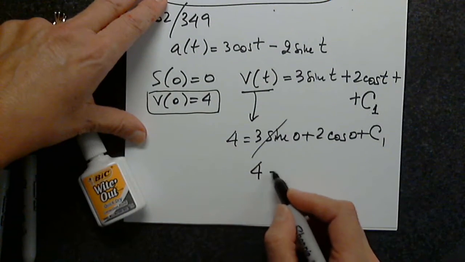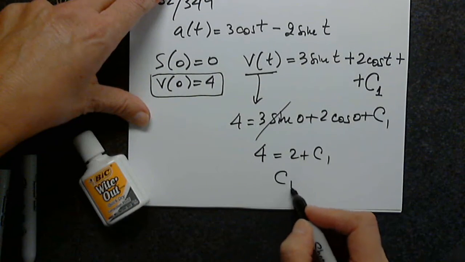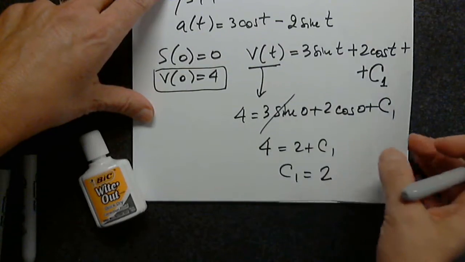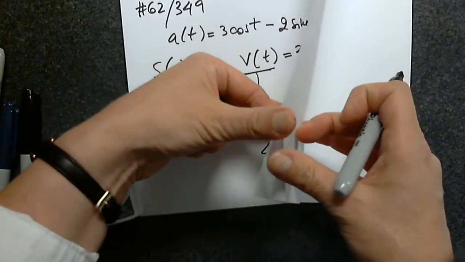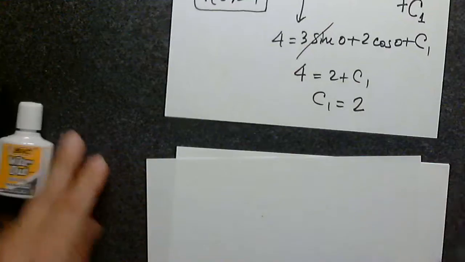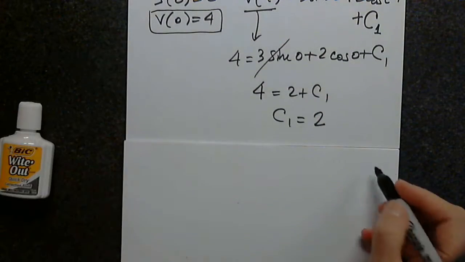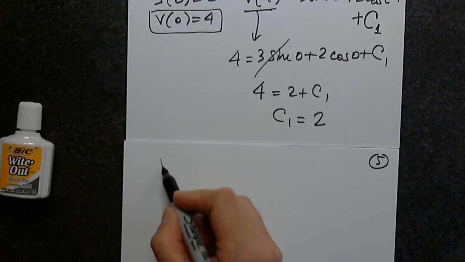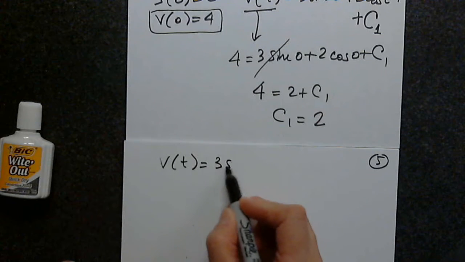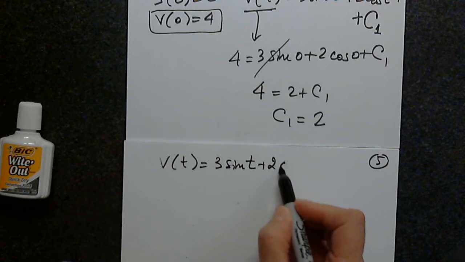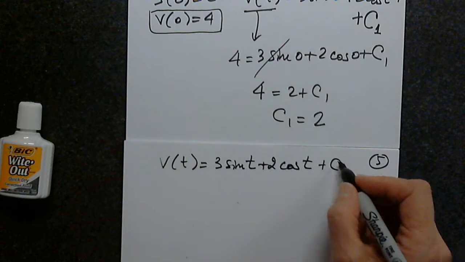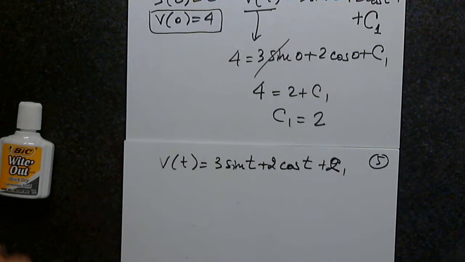So then the equation is 4 equals 2 plus C1. We know C1. 2. I go back and rewrite the velocity. Okay, so the velocity v of t is 3 sine t plus 2 cosine t and plus 2, of course. I just determined it. Plus 2.